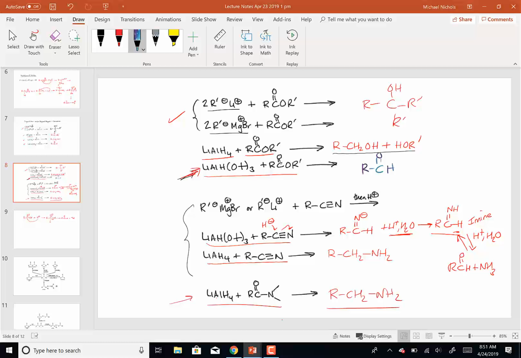Amide being most stable doesn't split apart. Ester being less stable does. If you want a better mnemonic, feel free to beat that, because I'm sure you can. And anything that sticks in here for you, use it.